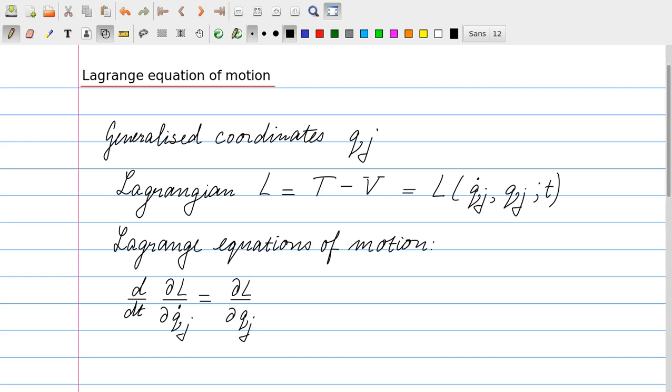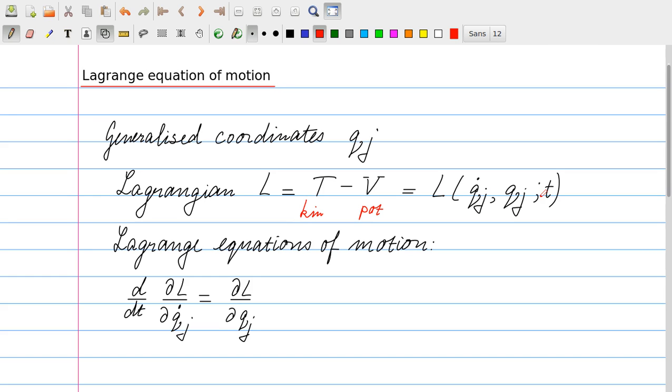The Lagrangian is a function which is defined as the kinetic energy minus the potential energy, so T stands for the kinetic energy and V stands for the potential energy, and this function can be expressed in terms of the qj dot. The qj dots derive from the kinetic energy and the qj's, and there is finally a time dependence.